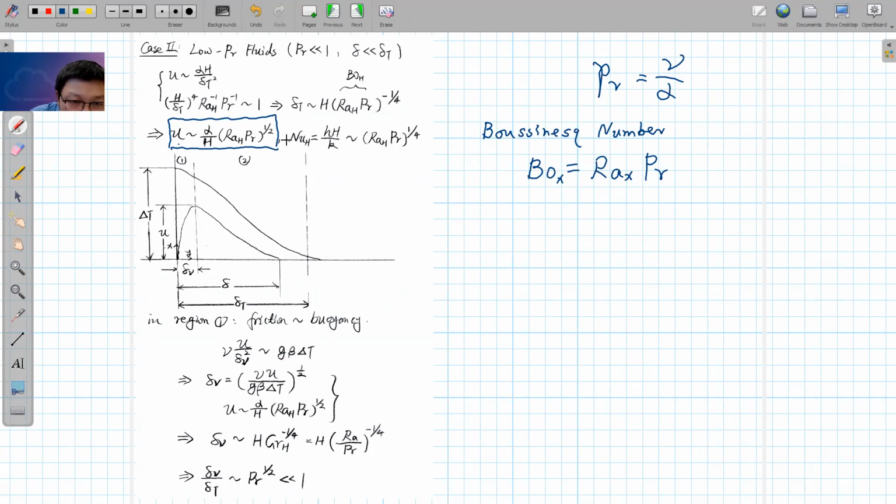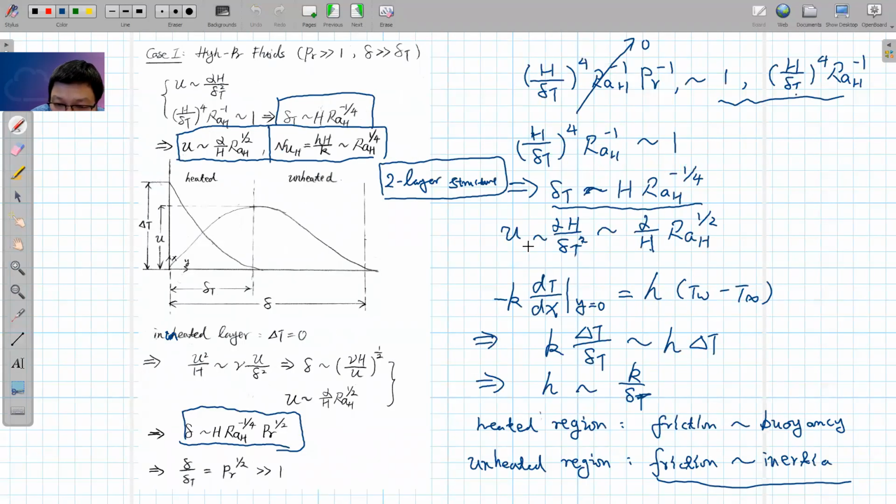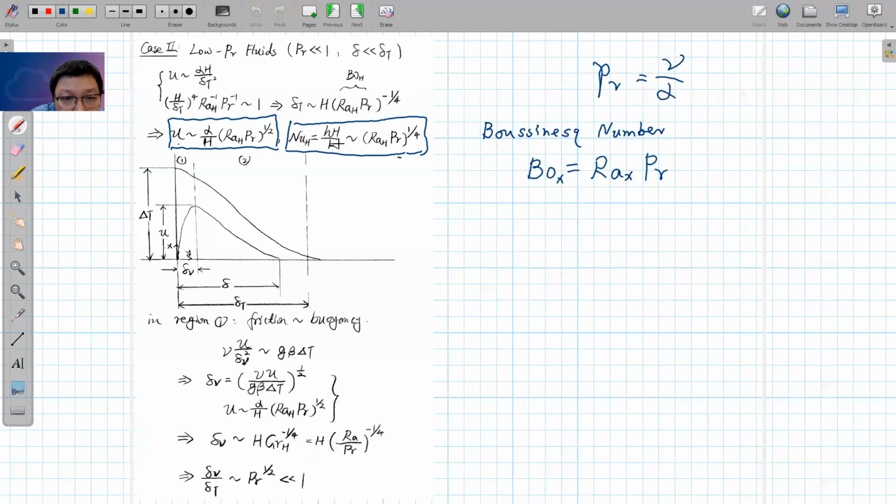Similarly, you can develop the value for the Nusselt number. The way to calculate this Nusselt number is similar to what we did here, because h is of the order of k over delta t, and the Nusselt number is defined by h times big H divided by k. So it's a similar thing, and you're just using the same way we derived it.